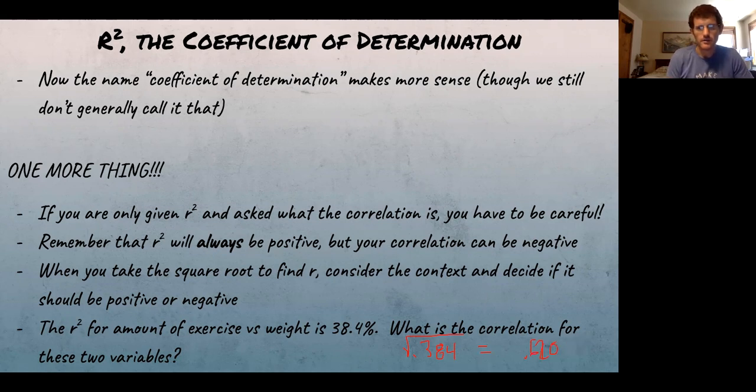All right, well, that's all well and good. But now we need to consider if this is a positive or a negative correlation. I will think of it this way. Presumably, amount of exercise is going to explain someone's weight. So I'll put exercise down here, weight right here. And conceptually, if someone gets more exercise, what do you think would happen to their weight?